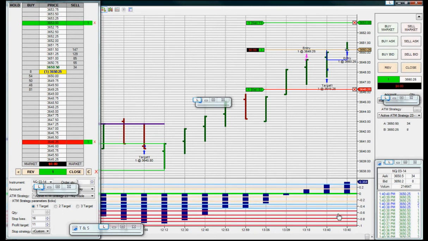How much time we got? 13:30. Okay, so this trade, how much did I get off of this one? I got $40 off of this one, and it lasted up until 1:44. So let me try to fast forward it.